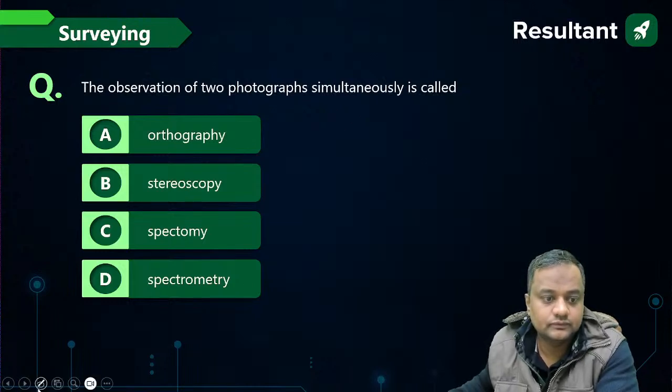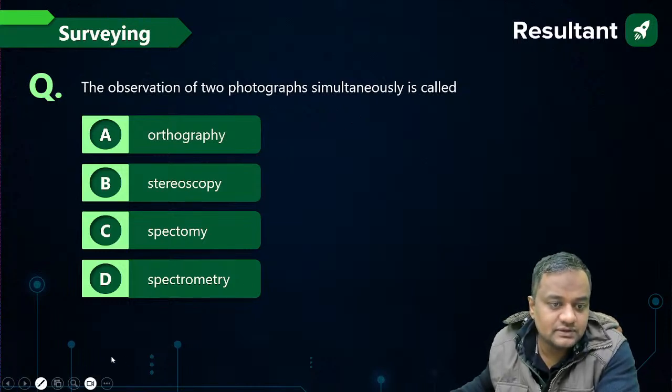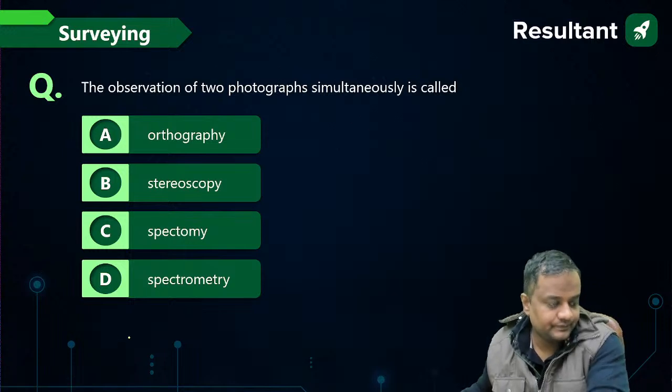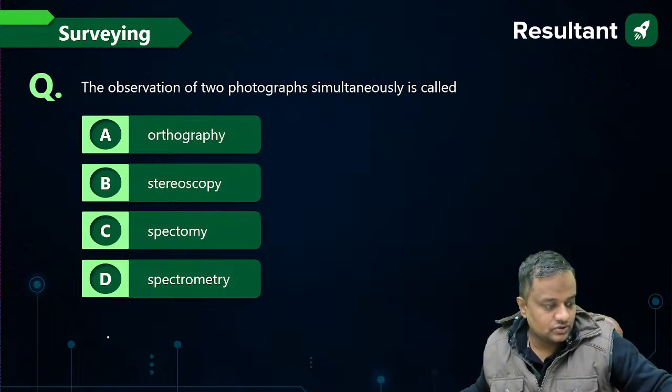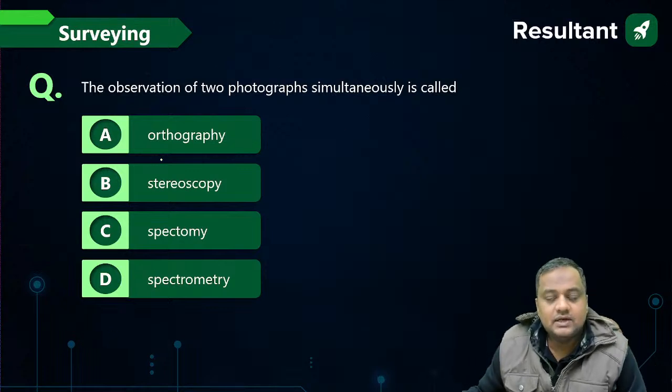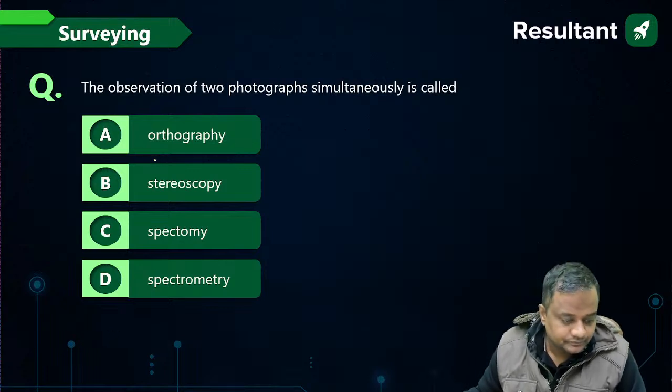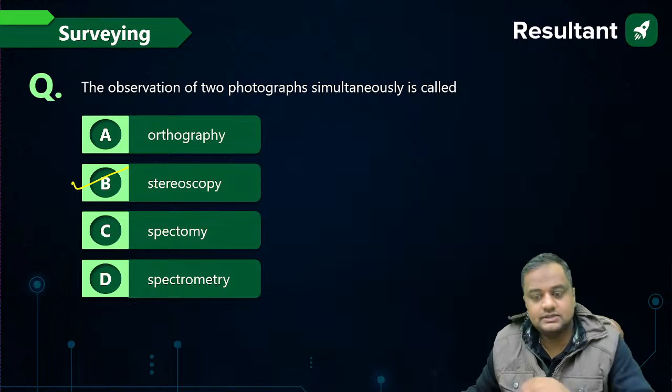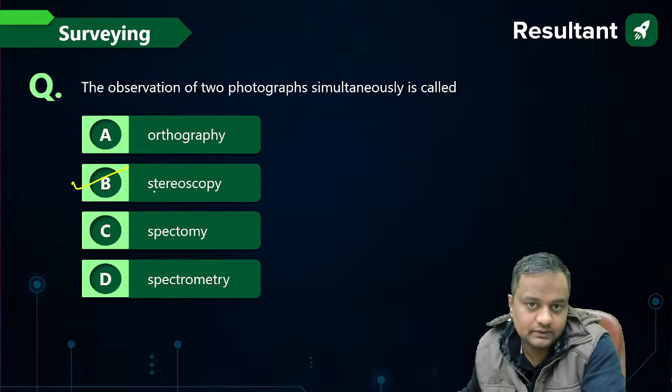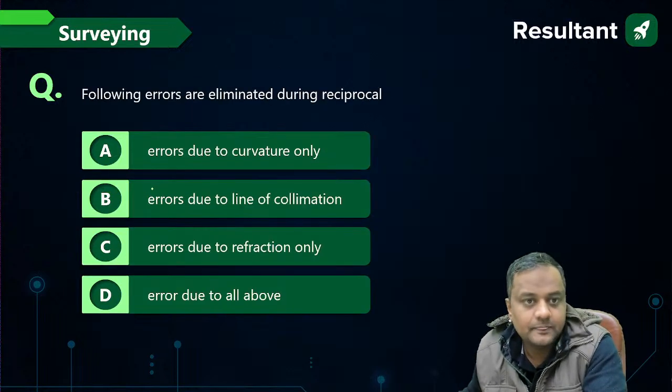The observation of two photographs simultaneously is called stereoscopy.